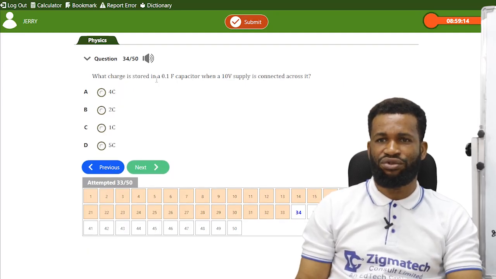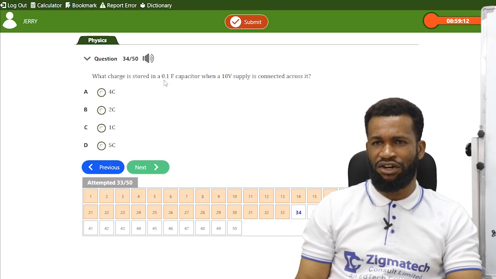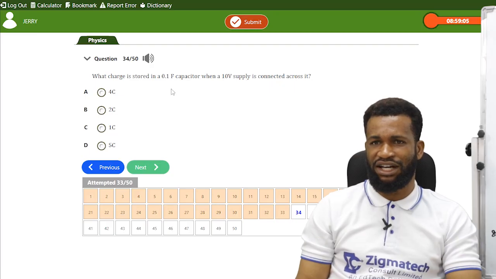The charge is stored in a 0.1 farad capacitor when a 10-volt supply is connected across it. All right.